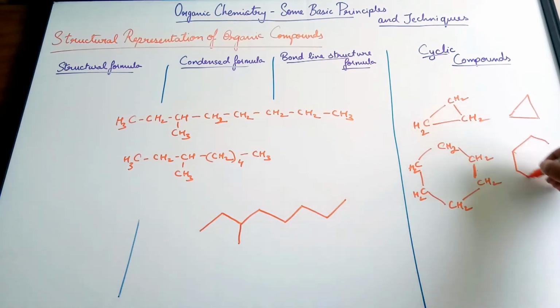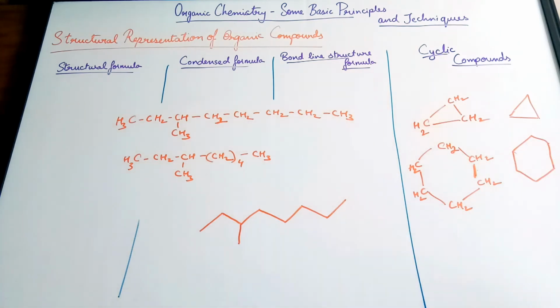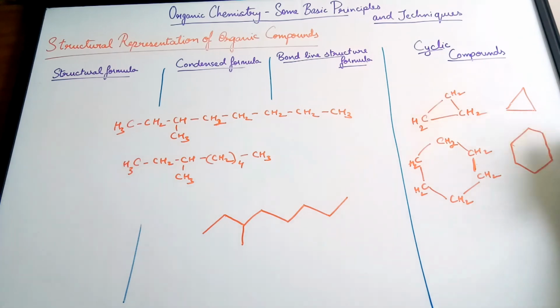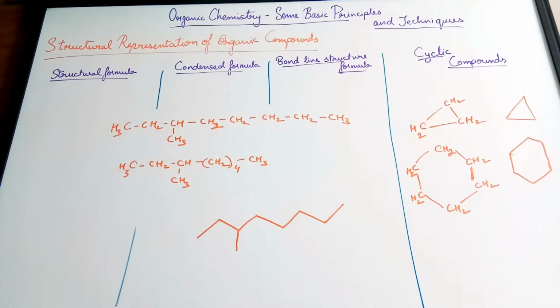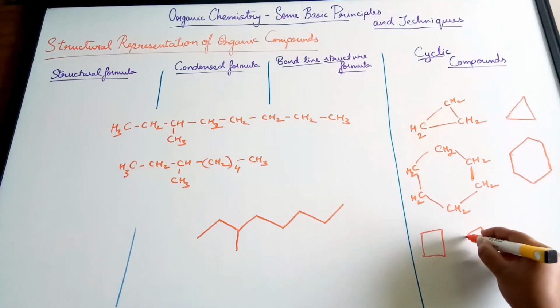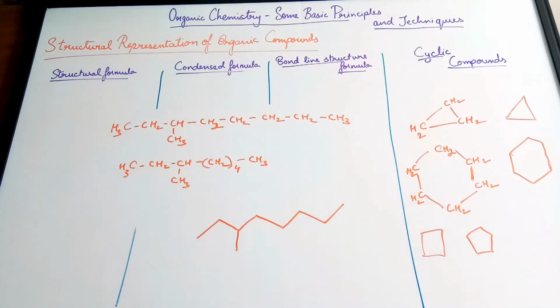When cyclohexane has to be written in a simpler form, we write it as this. In this case, you don't have terminal carbon atoms, but you have the line junction carbon atoms, and they will all have the number of hydrogen atoms needed to maintain the valency of 4. Similarly, cyclobutane, cyclopentane, and then you have chlorocyclohexane.